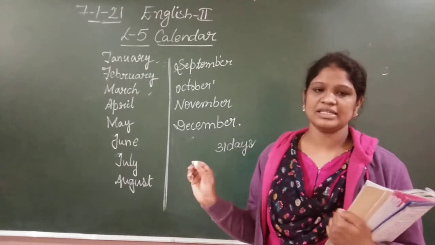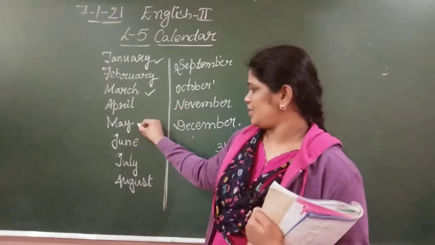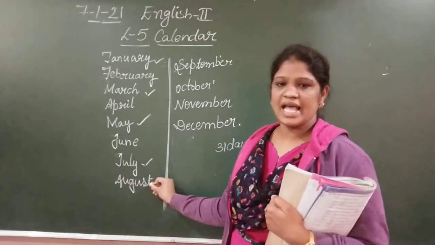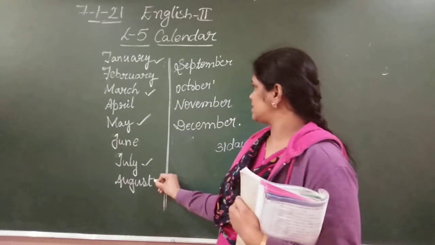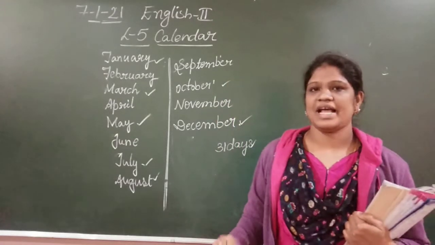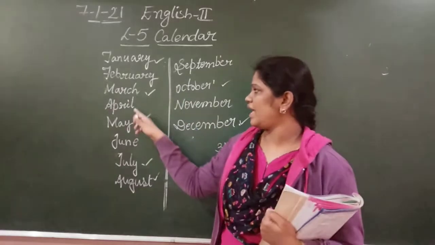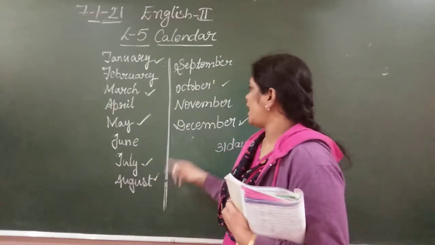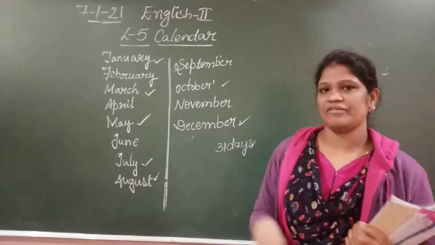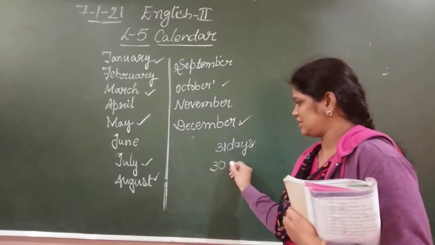What are the months, children? January, March, May, July, August, October and December. They have 31 days. The rest, April, June, September and November, have 30 days.